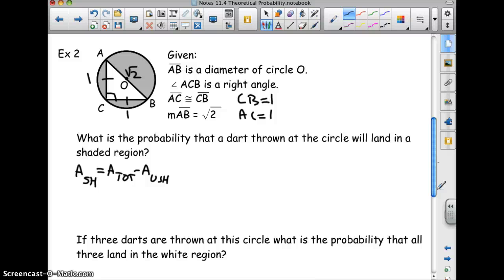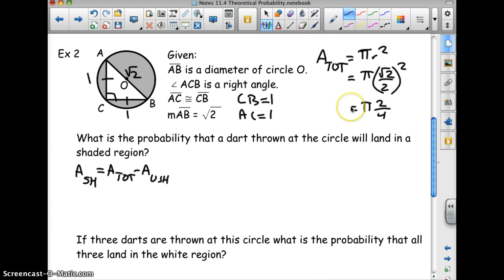So my total area is going to be pi r squared, because it's a circle. And what is the radius of this circle? That's actually radical 2 over 2, because it's half the diameter, squared. So that's going to give me radical 2 times radical 2 is 2, over 2 times 2, which is 4, which is pi over 2.